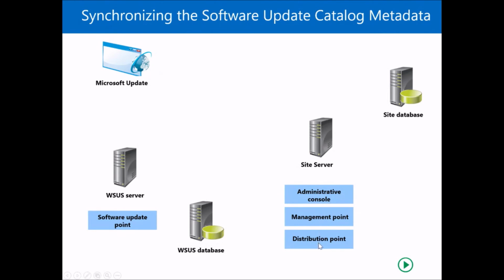You've got various tools within them. This site server becomes the management point and the distribution point, whereas this WSUS server is the update point. Notice there's a database associated with the site server, and we talked about that. That's the SQL database, and ideally it will be on a separate server like it's shown here.